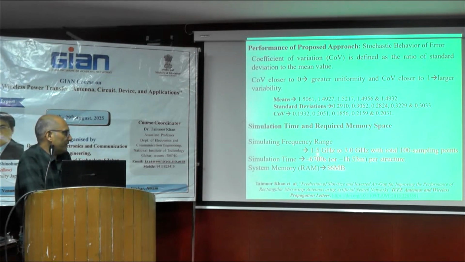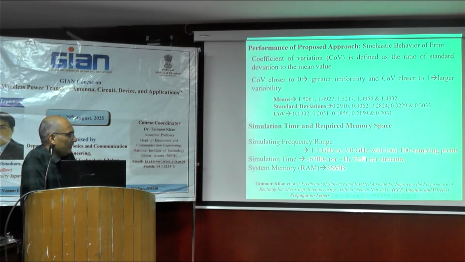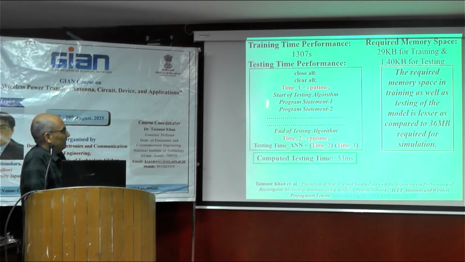Then the simulation time and memory space required: simulation time is 1 hour 53 minutes per structure, and the RAM required is 36 MB on that system. Then how is the testing time performance?